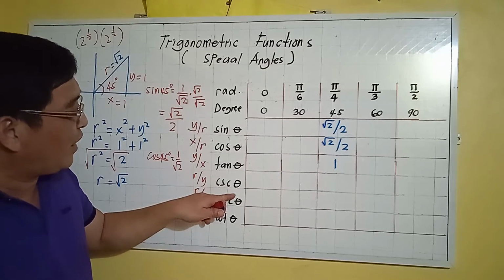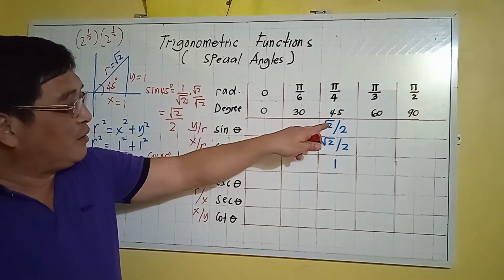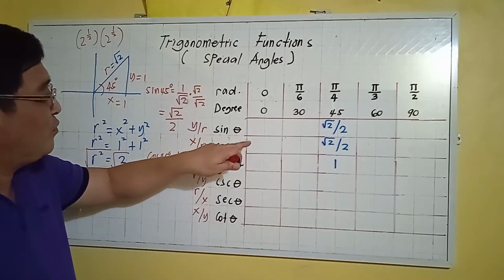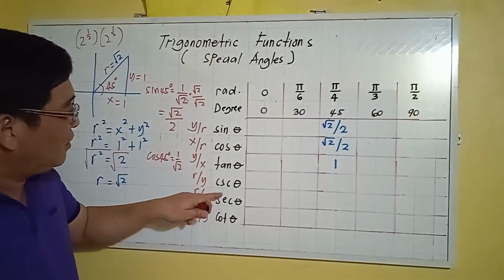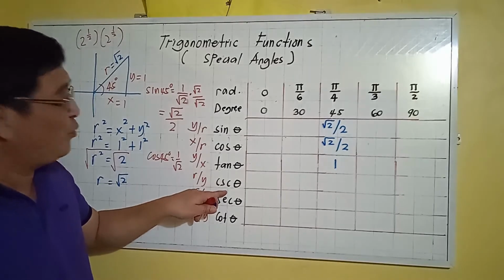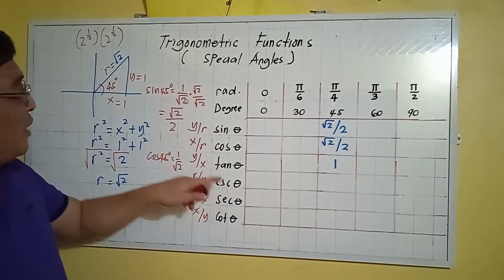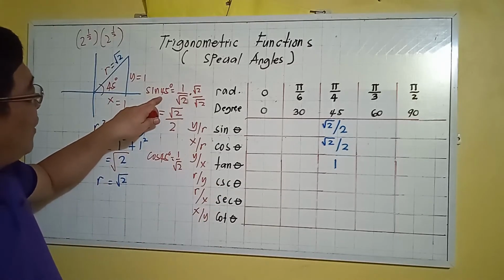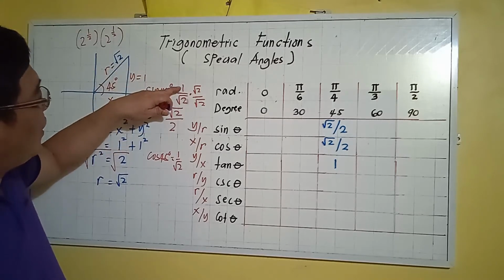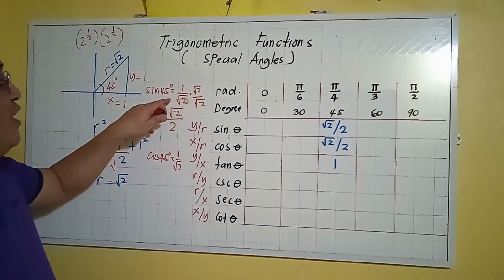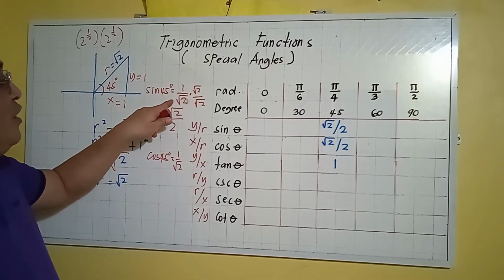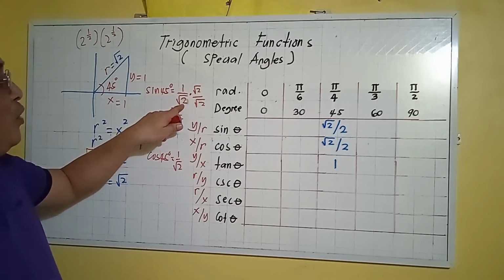Now, cosecant 45 degrees, the reciprocal of sine 45 degrees is cosecant 45 degrees. So, nasa ba yung sine? Sine 45 is equals to 1 over square root of 2. Huwag na natin i-rationalize kasi pag kinuha natin yung reciprocal nito, that is square root of 2 over 1.